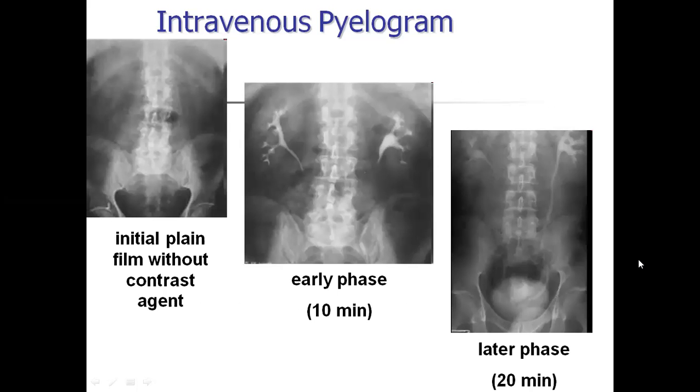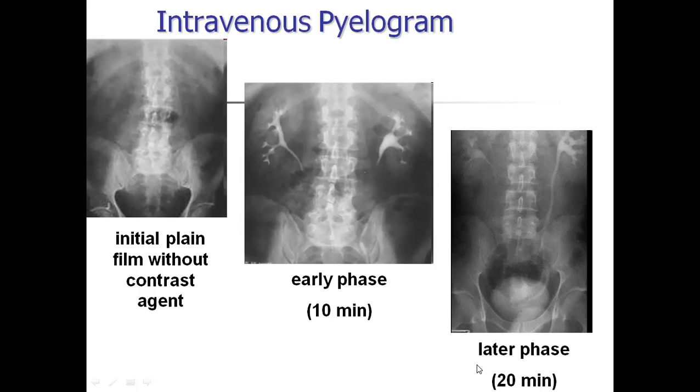Here are pictures, an example of plain X-ray film in different phases of examination. First, the initial plain X-ray film without contrast. Then, after 10 minutes, the early phase of examination with images of calyces and renal pelvis from both sides, and the initial part of ureters.